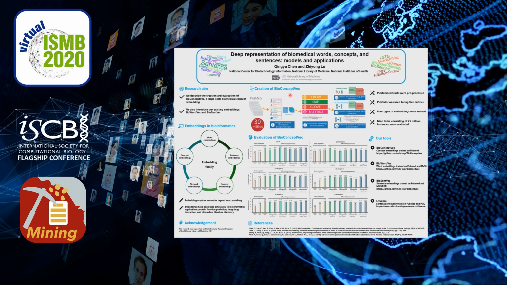It can be referred to as a gene, a chemical, or even a cell line. Similarly, many genes have synonyms. Some genes have more than 10 synonyms. So in such cases, we should have a concept embedding to capture their semantic meanings effectively.